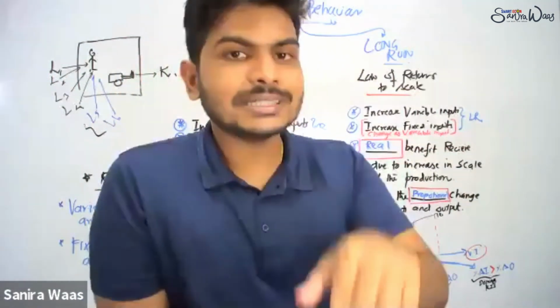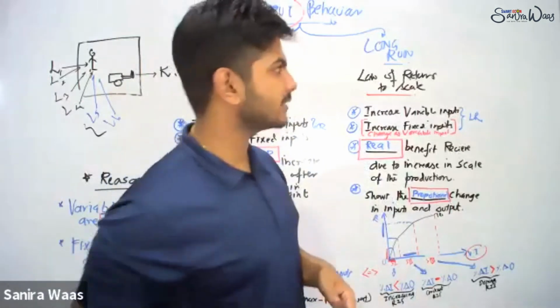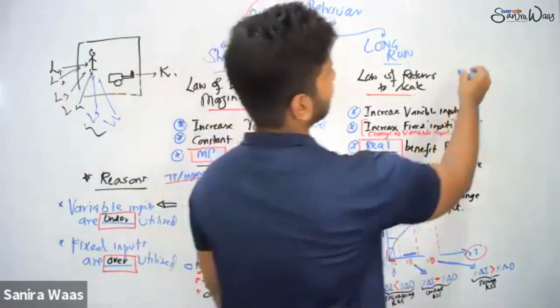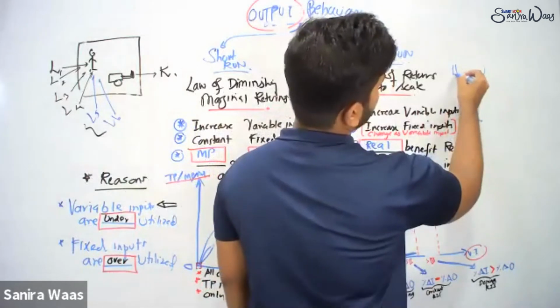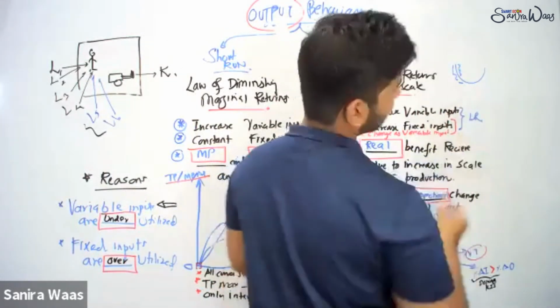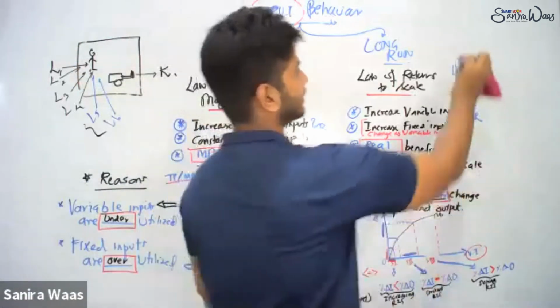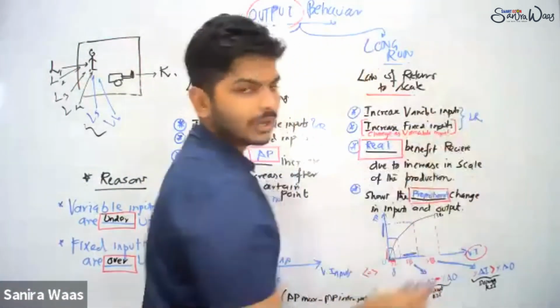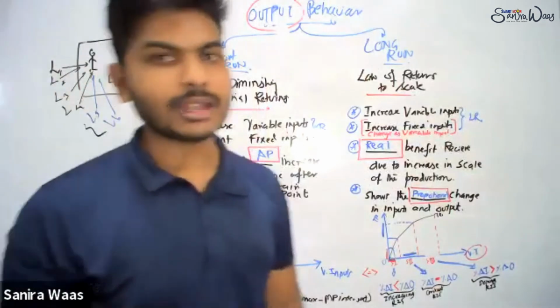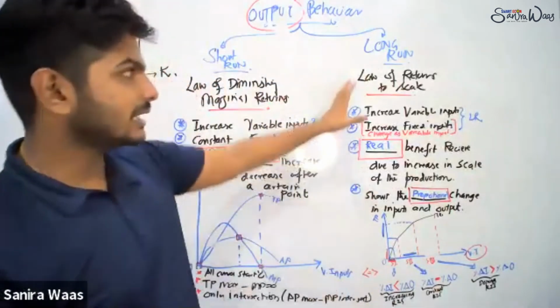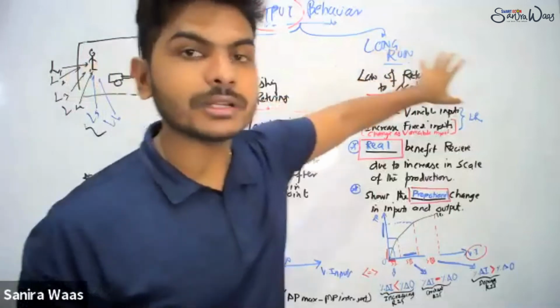Right? I have seen it done easily like this, with this side economies of scale and this side returns to scale. That is not the real thing. That's a shortcut way to understand and to learn stuff, but that is not the real economics, right? So that's why we learn something called the law of returns to scale separately.